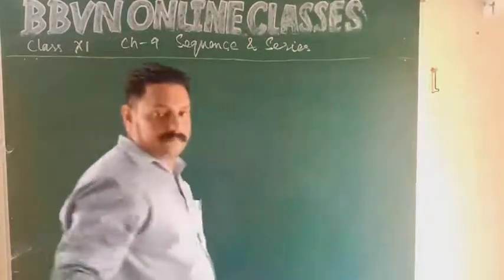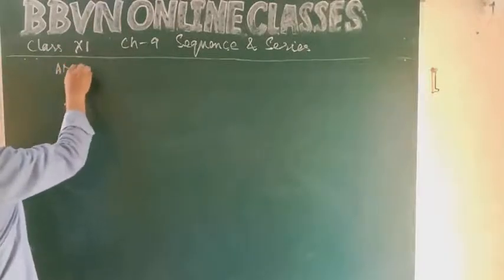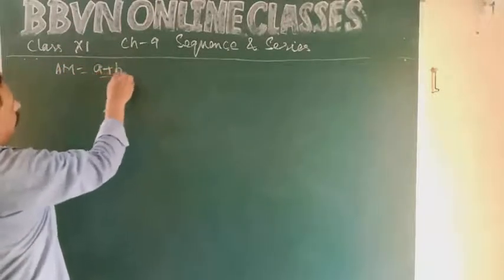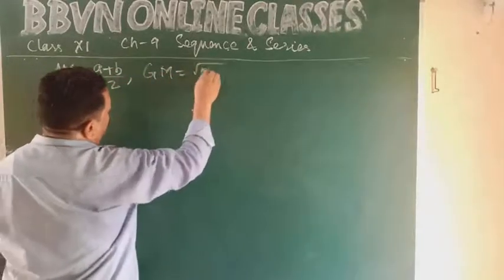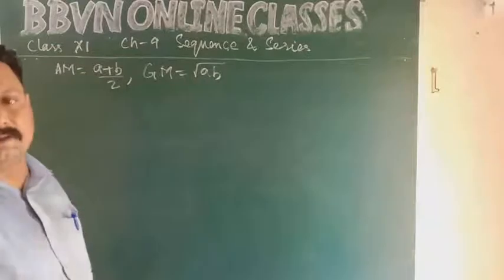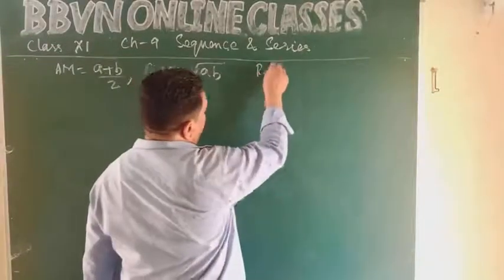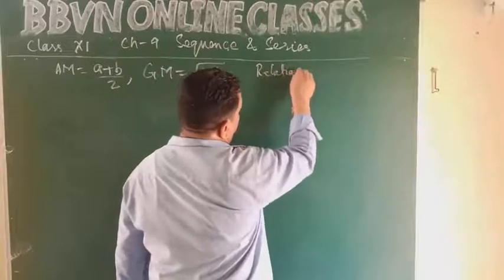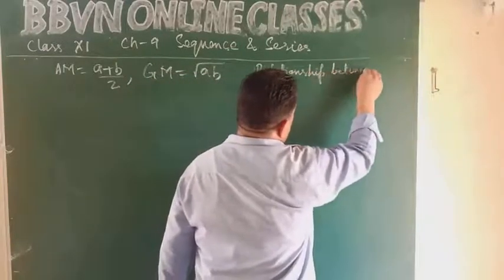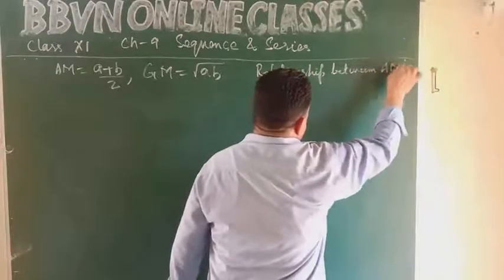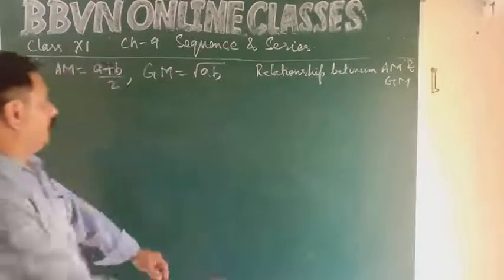So arithmetic mean is a plus b upon 2. Geometric mean is equal to under root ab. Now we'll try to find out the relationship between these two. I'll do one thing.